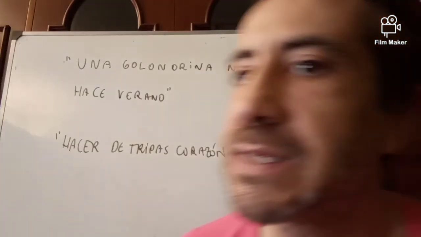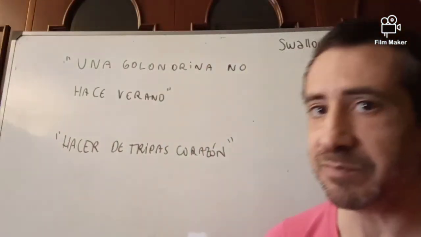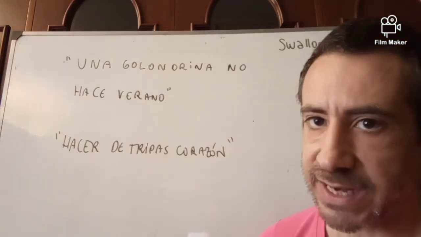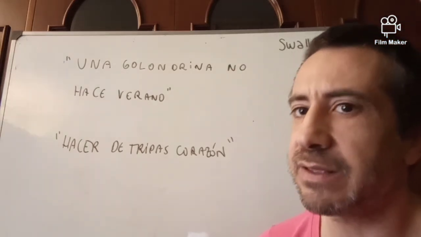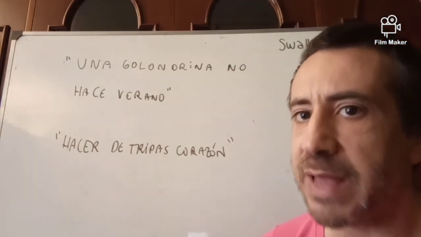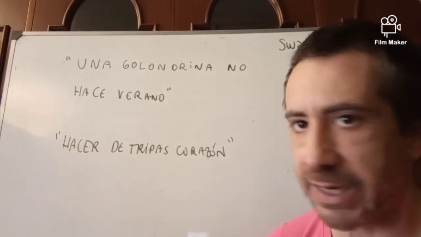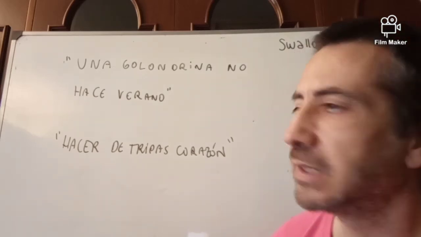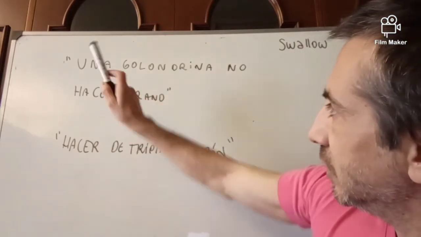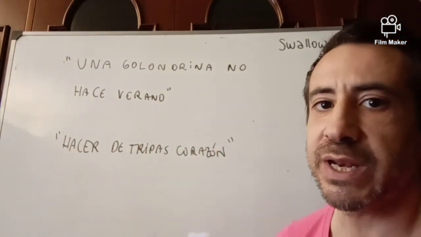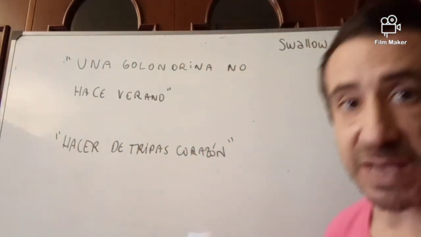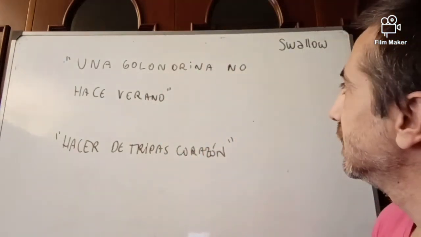Finally, as promised, we have two idioms here, very common in Spanish, and I guess they are common in all Spanish-speaking countries. They are not from Argentina at all. The first one, una golondrina no hace verano. It's a metaphor, as all idioms.